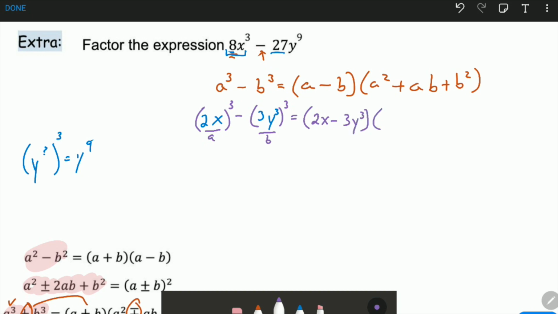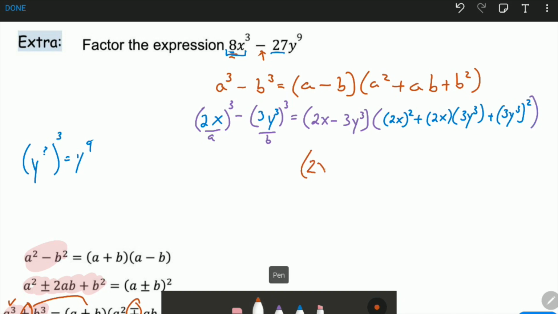Then in the second set of parentheses, for the second factor, we're going to have a squared, which is 2x squared, plus ab, so plus 2x times 3y cubed, and then plus b squared, which is 3y cubed squared. And then we just have to simplify that second factor a little bit so we can make it look a little bit nicer. So 2x minus 3y cubed is my first factor.